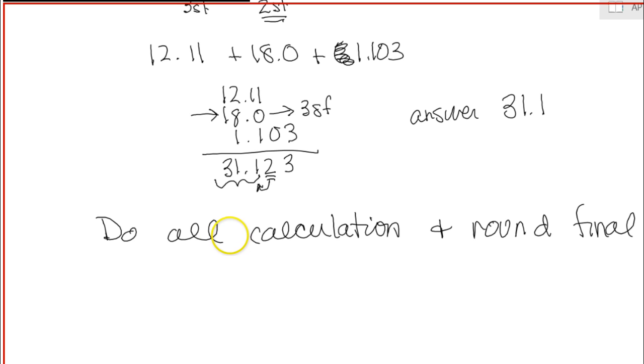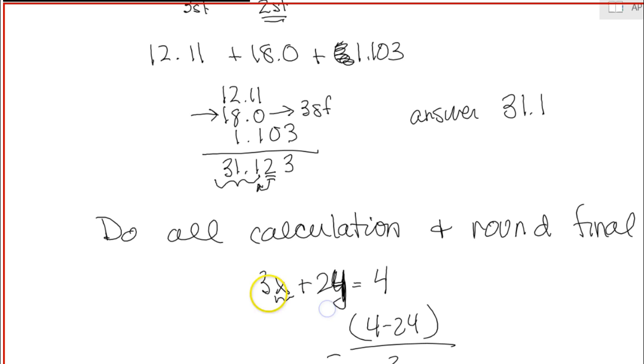For example, if you had an equation like 3x plus 2y equals 4, and you were solving for x, you would need to isolate x by itself, so 4 minus 24 divided by 3, before you did any calculating, if it were a more complicated sort of equation. We will practice this more when we get to some actual equations in stoichiometry and in gas laws, when this will come up. Okay? All right.